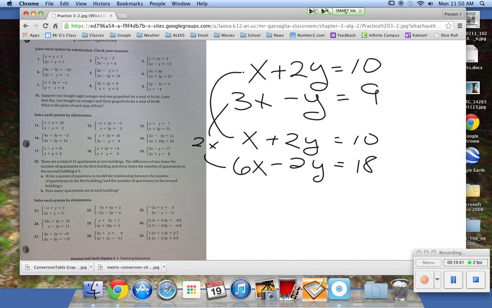Okay? Now I have variables that are alike. Now I can just add these and I can eliminate my y's. So I get 7x, 2y minus 2y is 0, equals 28. X equals 4. See what I did to get rid of those?